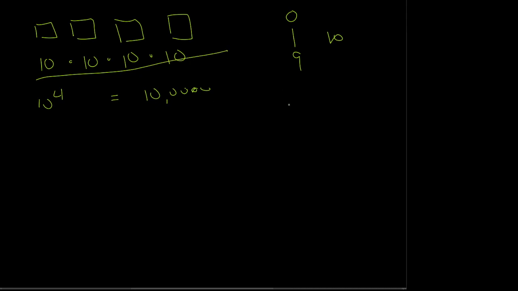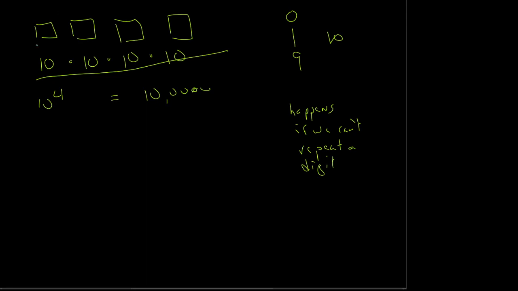And then we added this restriction. What happens if we can't repeat a digit? And so on the first one, we have 10 options. I'll go on orange.